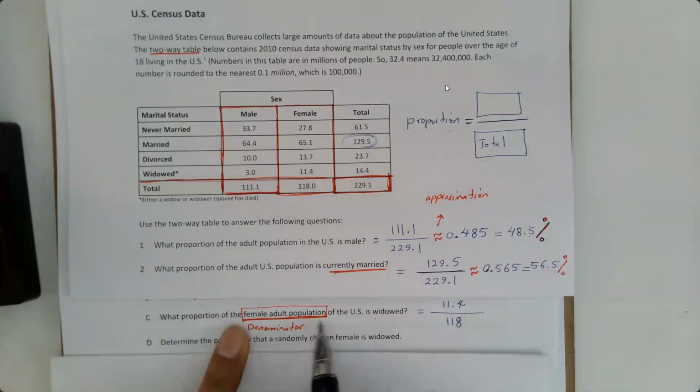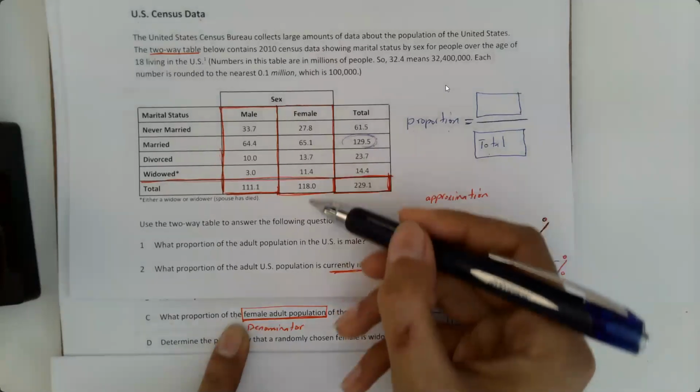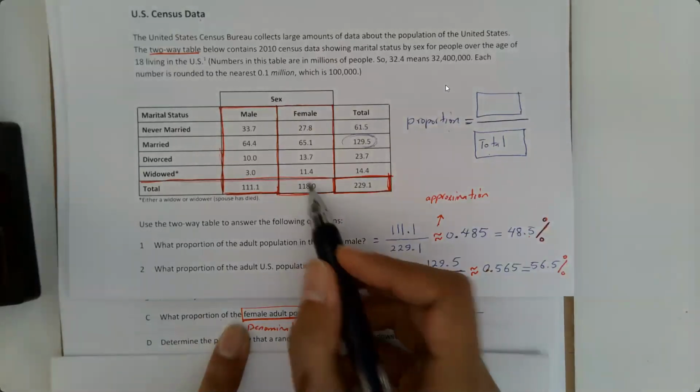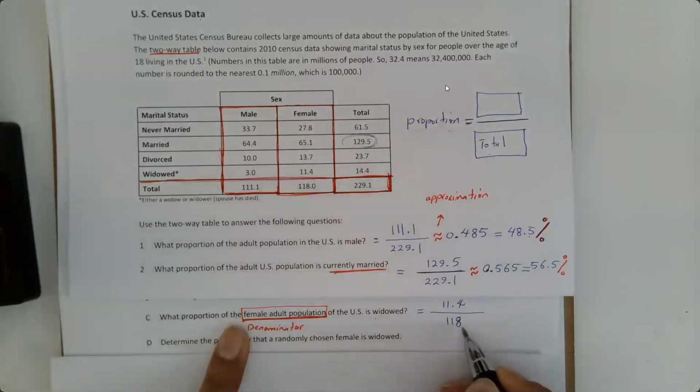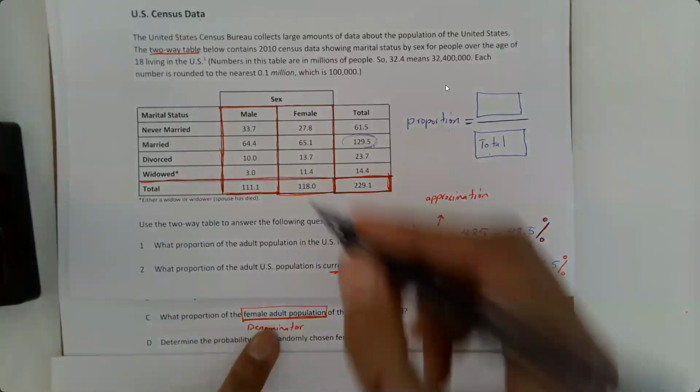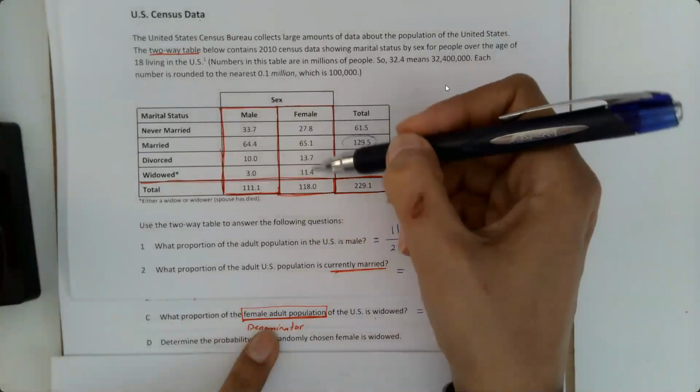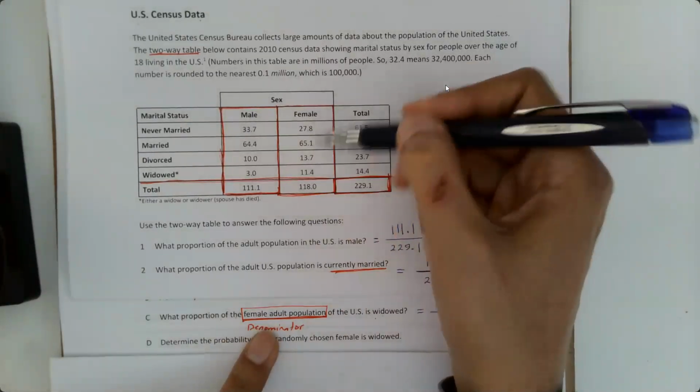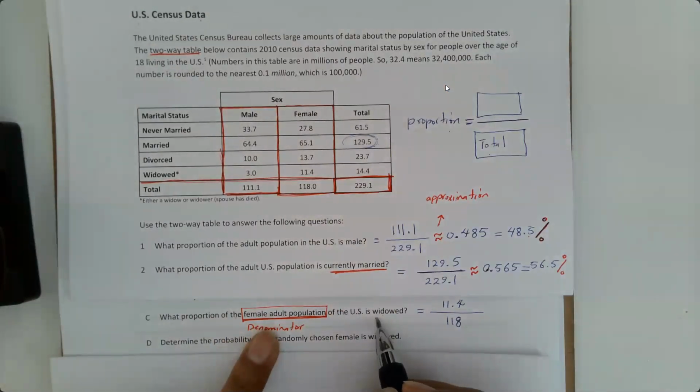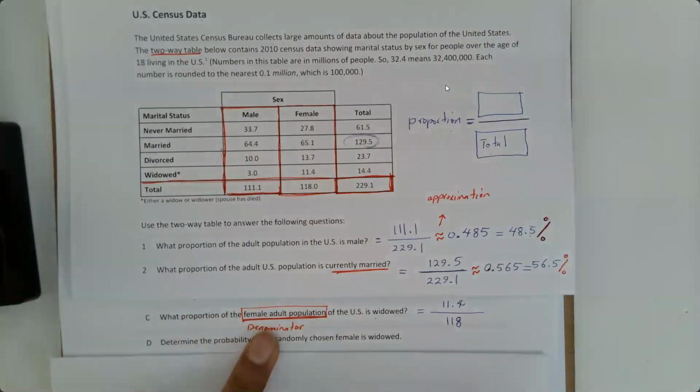We're not dealing with the whole population. We're just dealing with the female category with a total number of 118. That number goes on the denominator. What goes on the numerator? The portion of the female category who are widowed, which is 11.4.